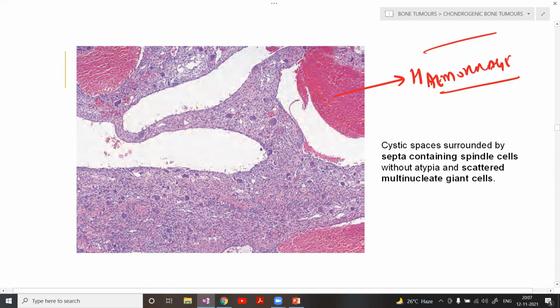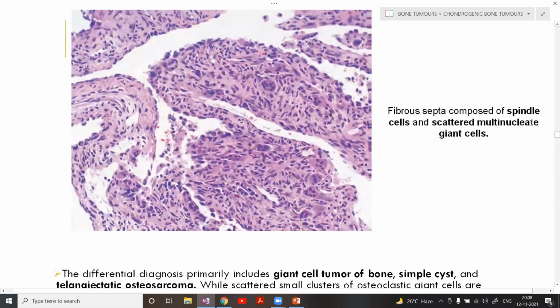There is a very irregular distribution of multiple giant cells, as you can see in this image. And very important, the stroma is not mononuclear. In fact, the stroma contains loose spindle cells. This is again one of the differential diagnoses from giant cell tumor. So histologically, these are important points that we have to understand.